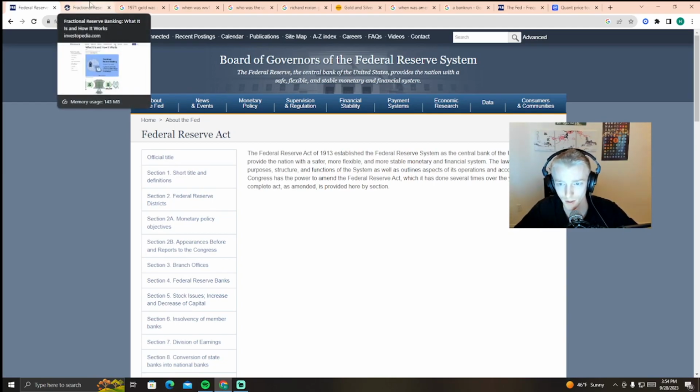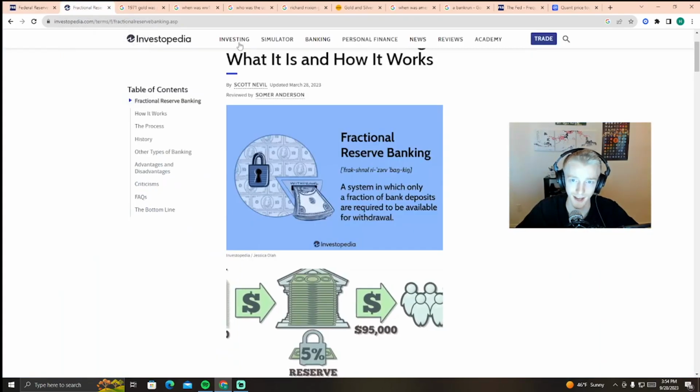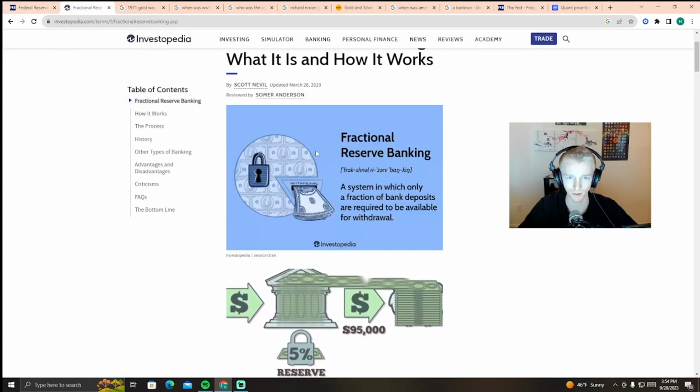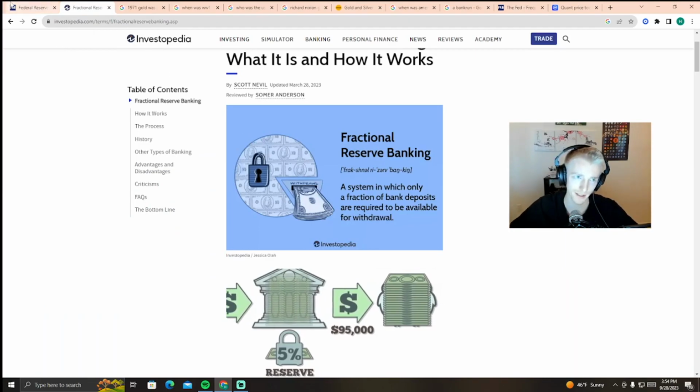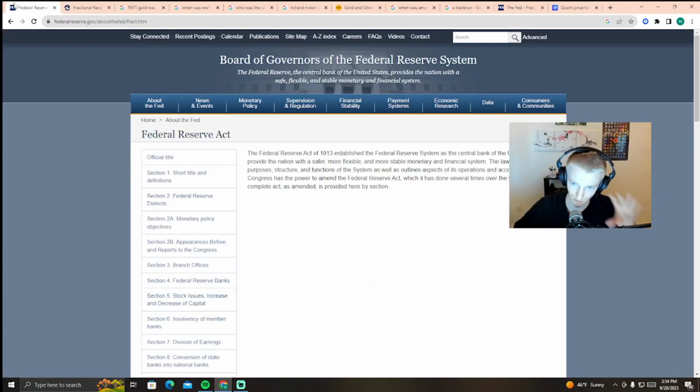Now, this is kind of weird how they state that, but then you go and actually learn about what is fractional reserve banking, because all they did was just go to fractional reserve banking right here, but they don't actually state it. Isn't that weird? The whole Federal Reserve Act of 1913 was to go to fractional reserve banking, but they don't even mention it on the Federal Reserve website.